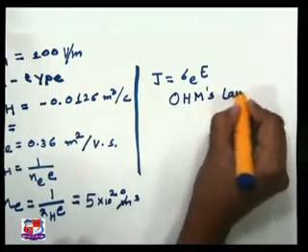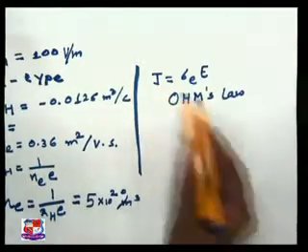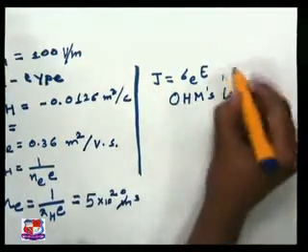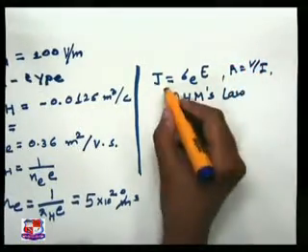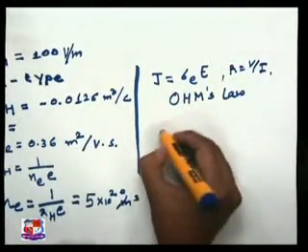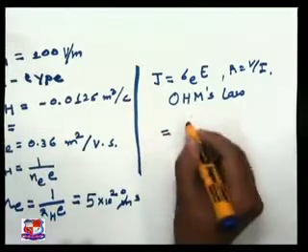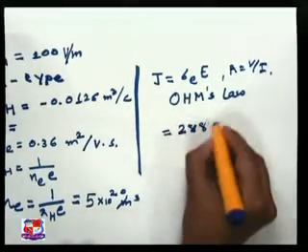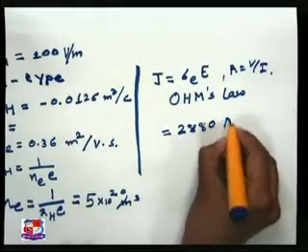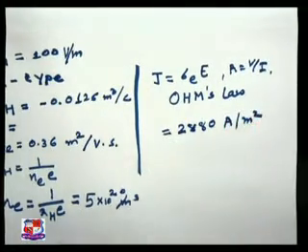In the 7th chapter you will learn that Ohm's law has a different form from R equal to V upon I. We can derive that J is equal to sigma E, and using this equation we get the answer as 2880 ampere per meter square.